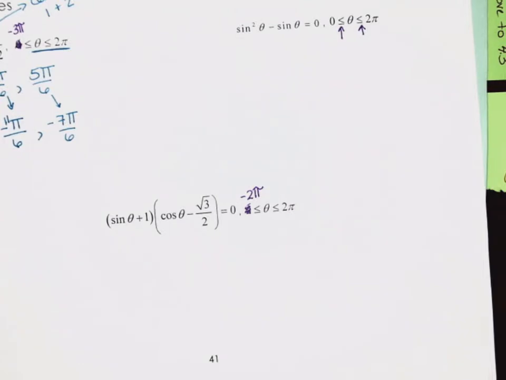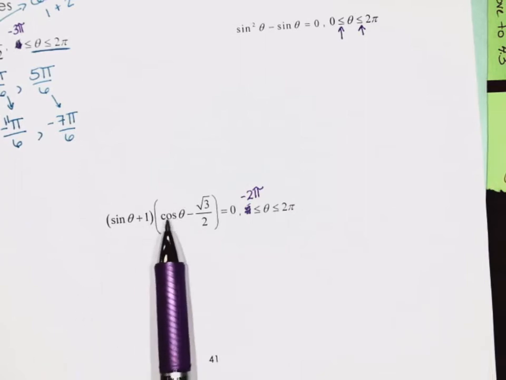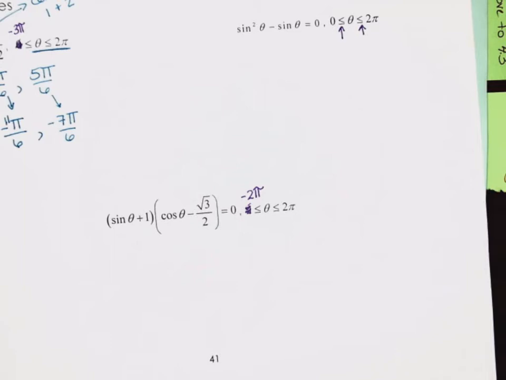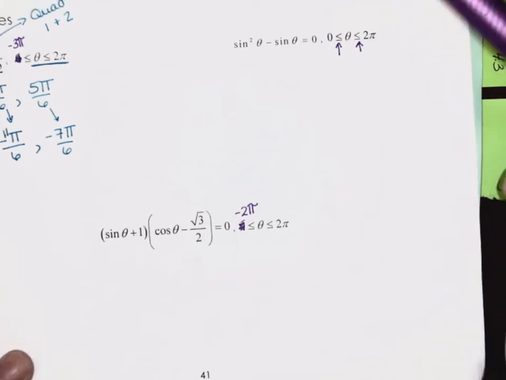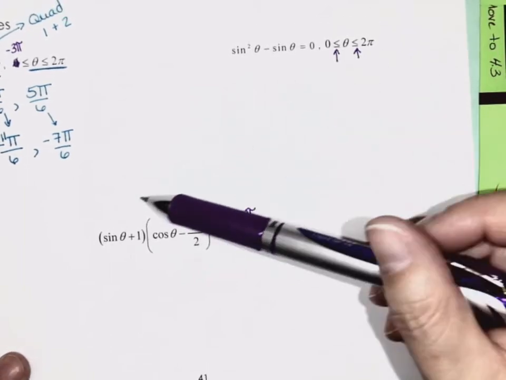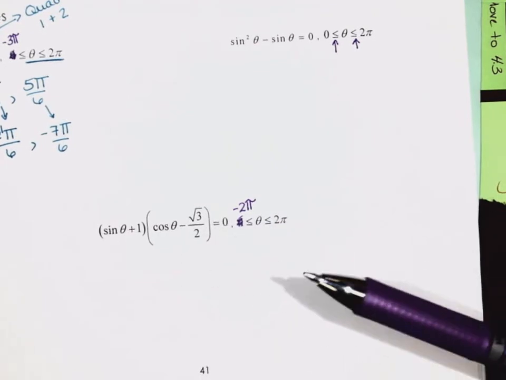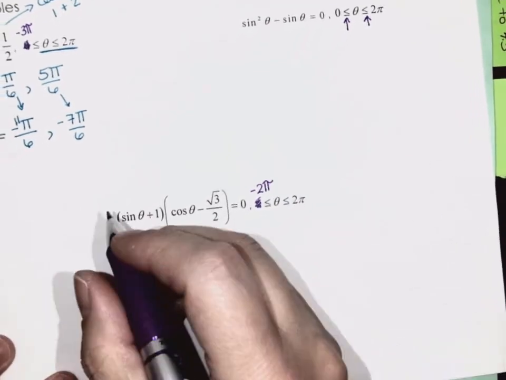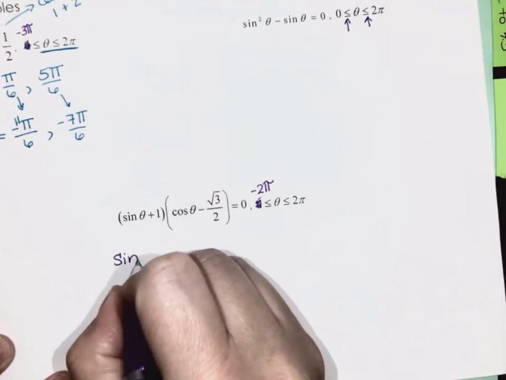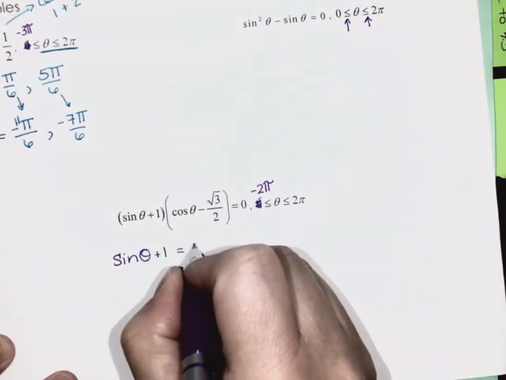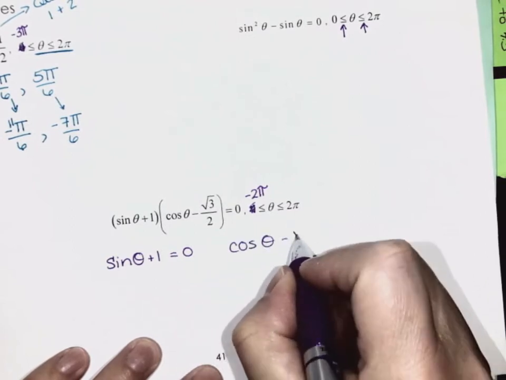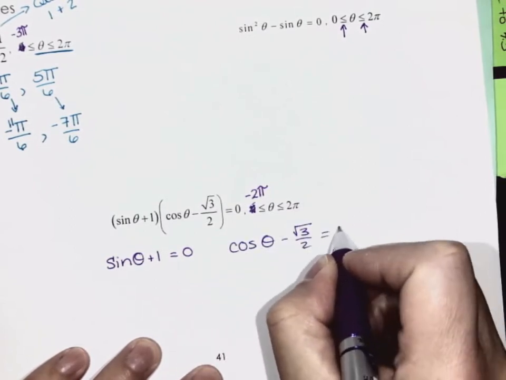Okay, so this one freaks people out, and I'm not sure why. This is already given in factored form. You don't actually have to do any math. Like here we had to common factor. Here you don't have to do anything. It's already factored for you. So we have sine theta plus 1 equals 0, and we have cos theta minus root 3 over 2 equals 0.